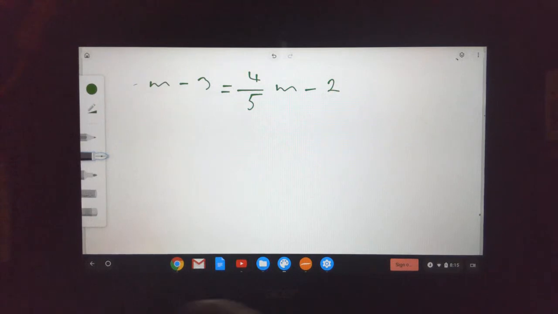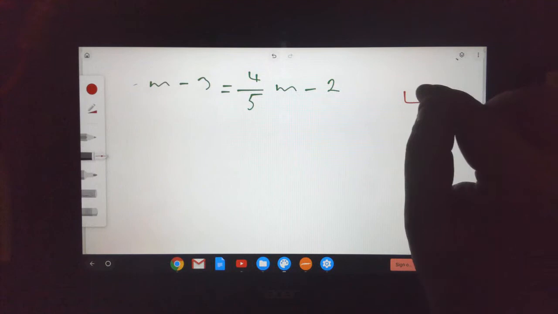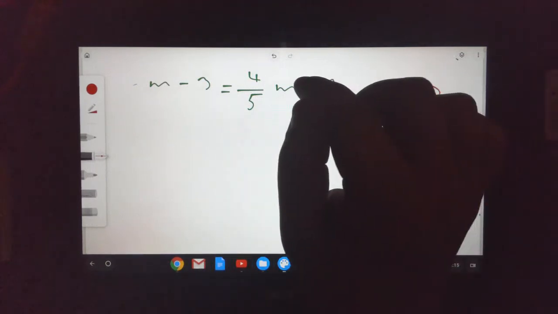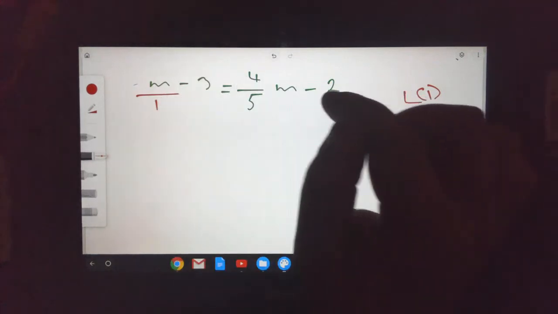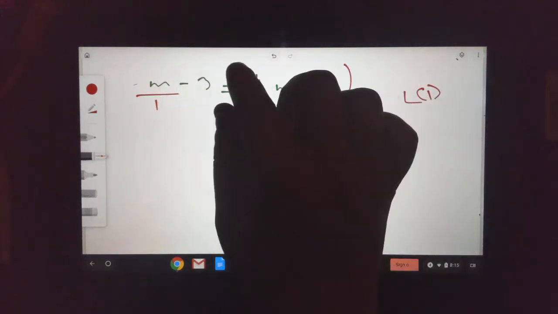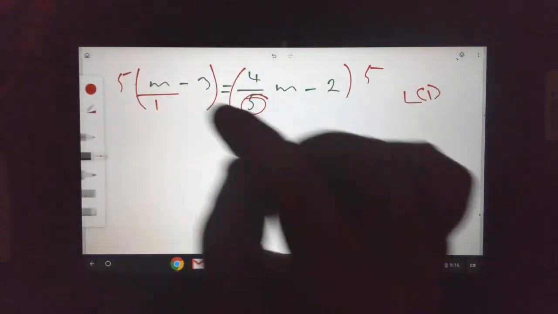Well, again, I have to look for the least common denominator, LCD. In this case, what I'm seeing is I have a 1 and I have this 5, so that tells me that I have to multiply everything by 5.